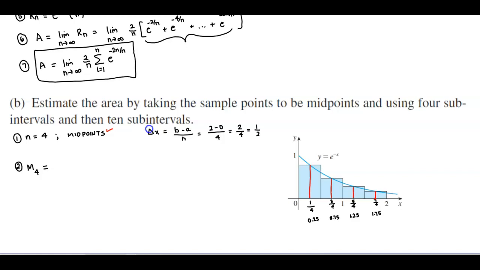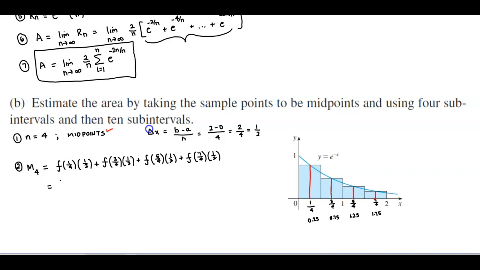So we're going to find f of 1/4 times the width, which is 1/2, plus f of 3/4 times 1/2, plus f of 5/4 times 1/2, plus f of 7/4 times 1/2.